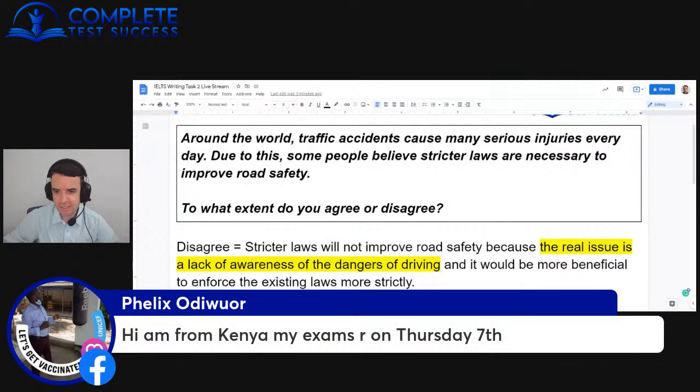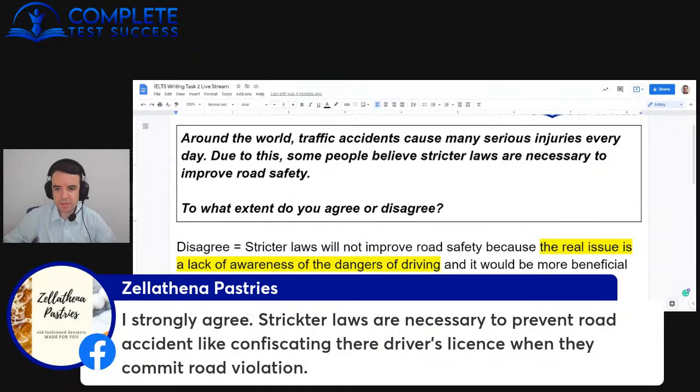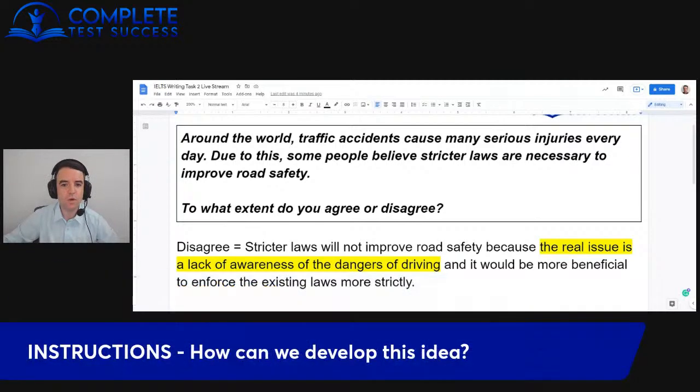Felix from Kenya, your exam is on Thursday the 7th. Good. Best of luck with that, Felix. I strongly agree stricter laws are necessary to prevent road accidents, like confiscating driver's license when they commit road violations. But no, that's just an example of a strict law. That's not a reason why the stricter laws will work.